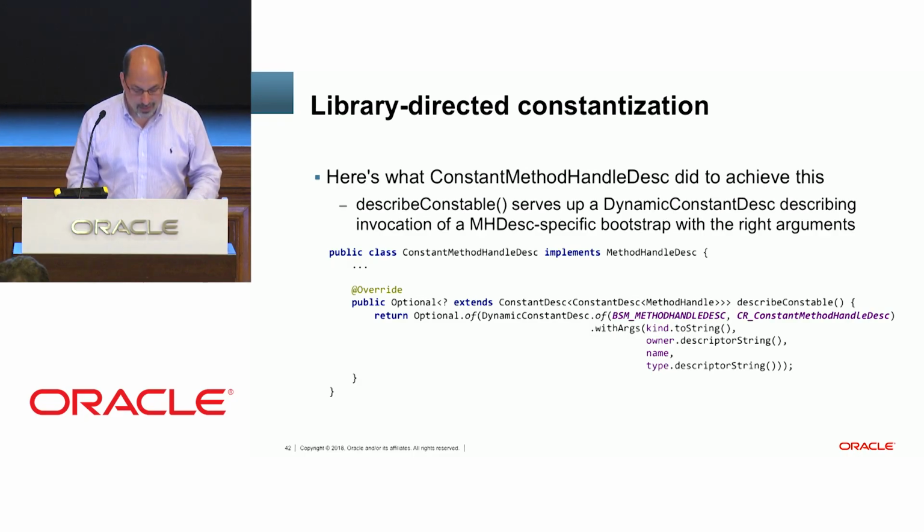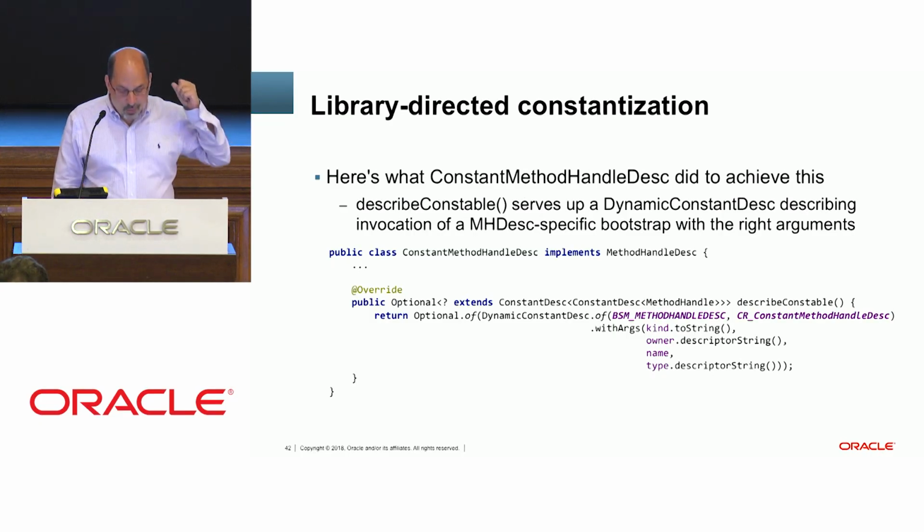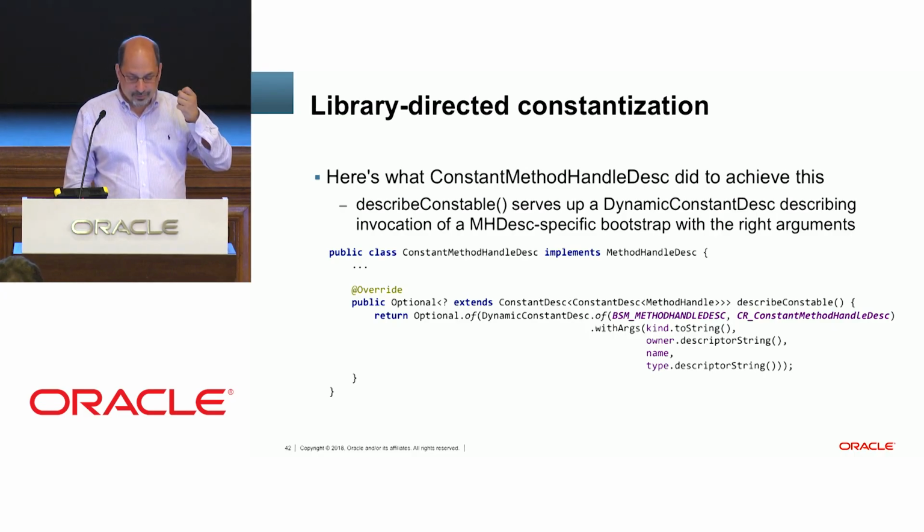It's not a method handle. I wrote 4 or 5 lines of code to say, okay, well, make me a dynamic constant descriptor to describe the result of invoking this bootstrap with these arguments. I had to write that bootstrap, which was another 6 lines of code, and I was done.